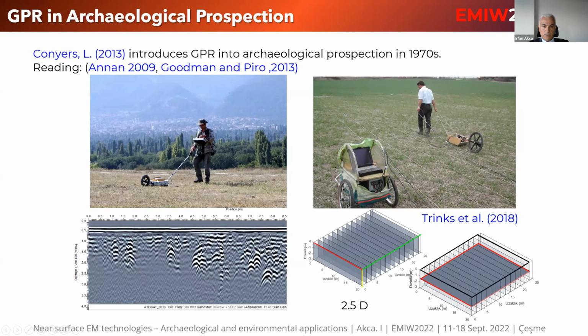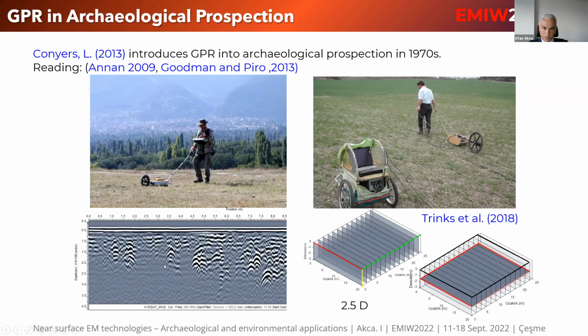In this slide, you see application of the GPR measurements in the field. On the left, the equipment is triggered by a wheel. So when you move the antenna or drag it, it continues to measure, or transmits and receives EM waves. And you see a sample radiogram on the left bottom, where you see very typical hyperbolas coming from the subsurface targets.